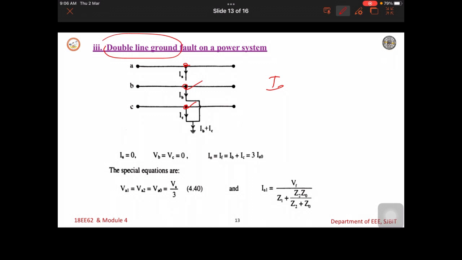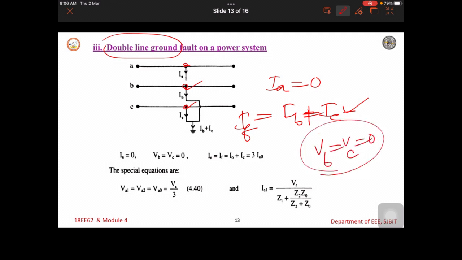So here the system is unloaded, therefore no current flows through line A, and line B and line C are shorted, therefore IB plus IC will be the fault current, and that will be calculated. And VB and VC will be 0 because they are shorted to ground.